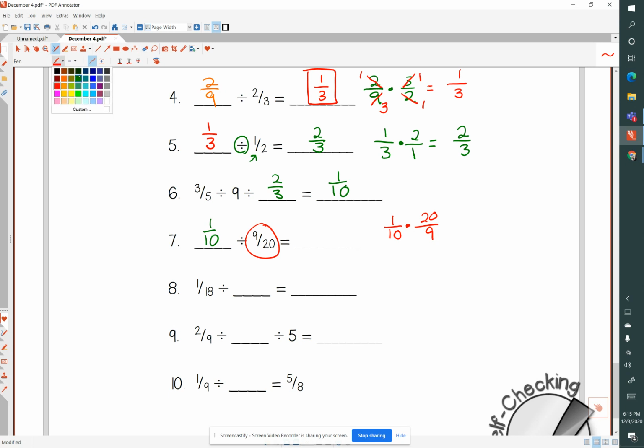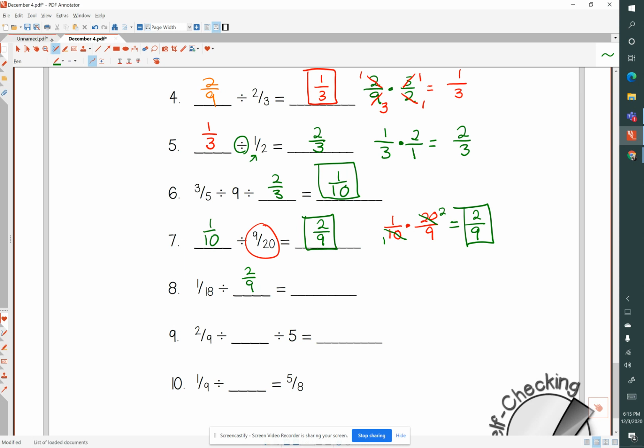And what I see I can do here is 10 is a factor of 20, so I can divide both those numbers by 10. 10 divided by 10 is 1. 20 divided by 10 is 2. Now I'll multiply straight across. 1 times 2 is 2, and 9 times 1 is 9. And we have the answer of 2/9. That's the final simplified answer. I'll put that on the next line.